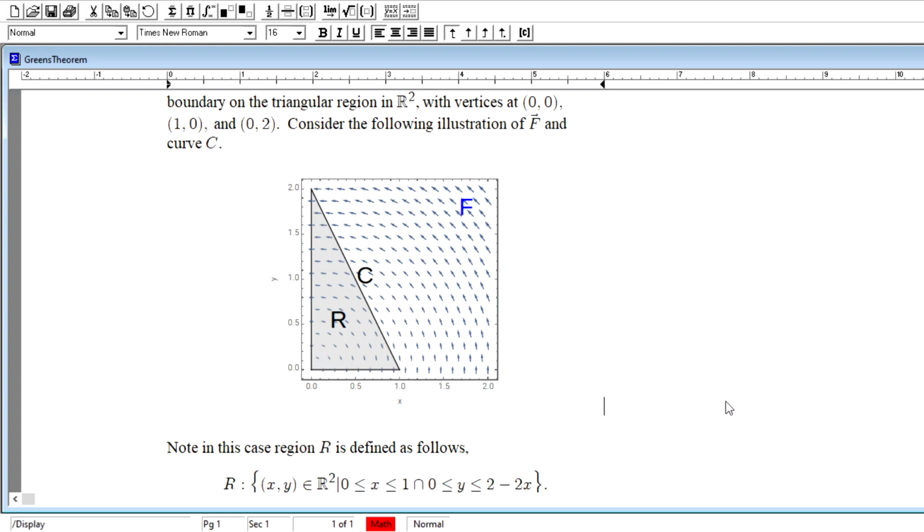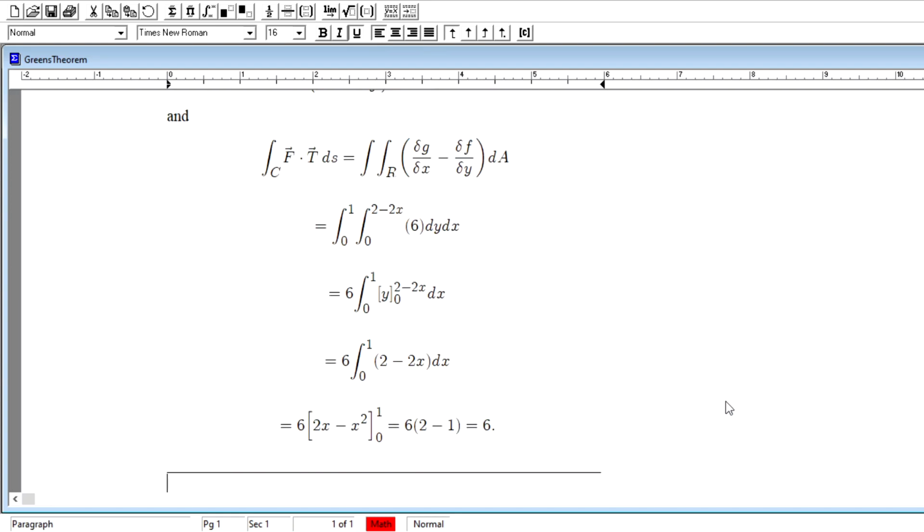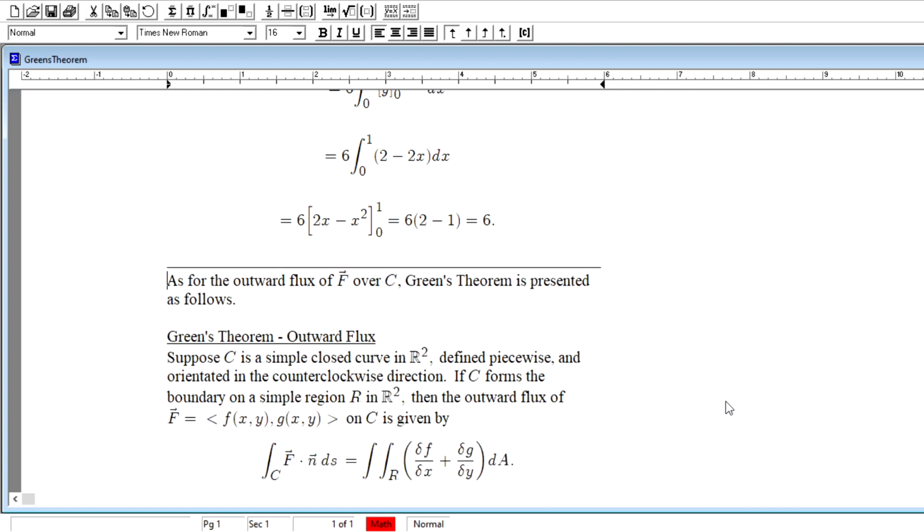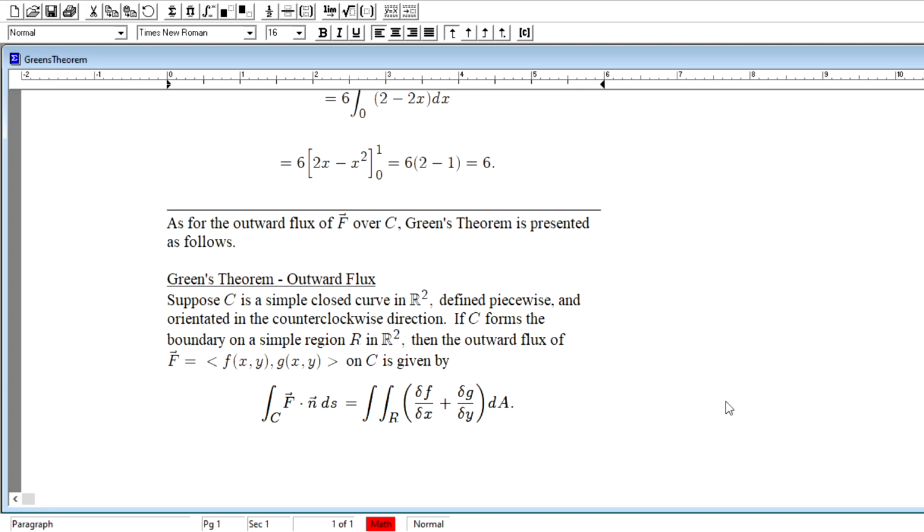All right. Now that is Green's theorem used to calculate circulation, where we are looking at an integration over region R of the curl of the field, right? For outward flux, we do see a very similar setup, where we are familiar with that as a line integral calculation, as seen in previous sections of our study of vector calculus.